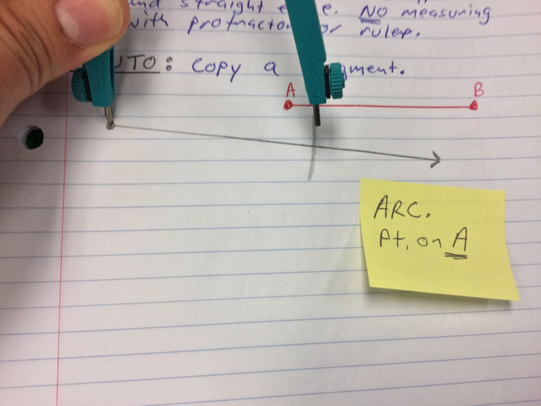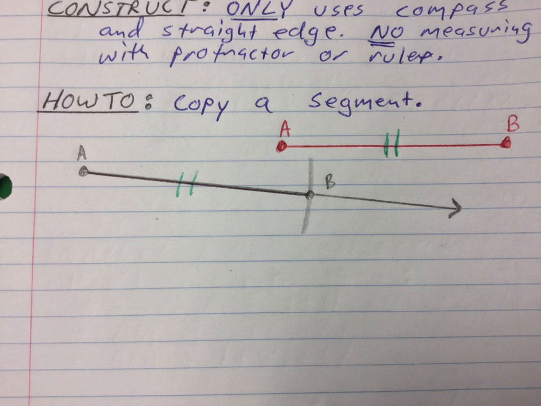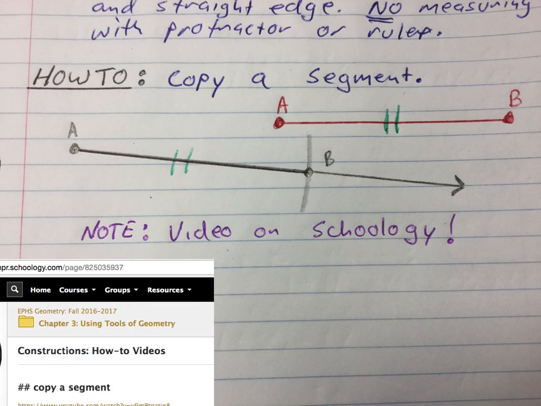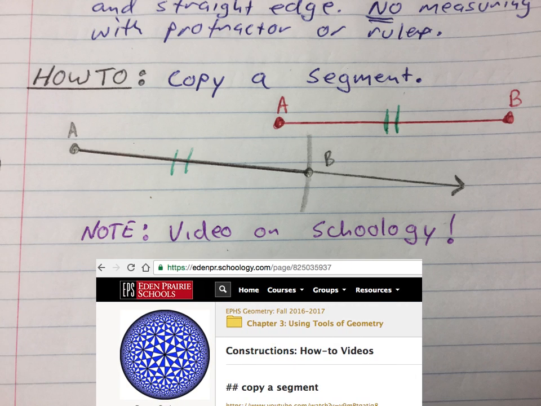Now where that arc intersects the ray, that is going to be the copied line segment. So we just constructed a copy, and if you want to watch it again, we've got a video on Schoology. Make sure you take a look at those construction how-to videos.